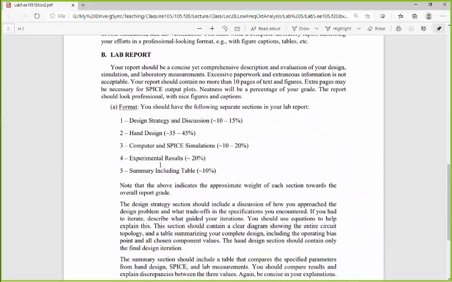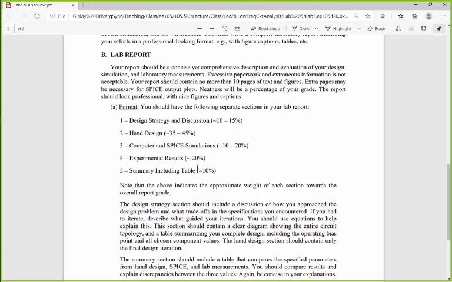You should have experimental results. You're actually going to hook this up, put it on a breadboard, and test it. So you're going to measure the waveforms, measure the frequency response, measure all the different things that you need to satisfy, and show that your actual built circuit satisfies all of that. And finally, you'll have a summary in this that includes a table.